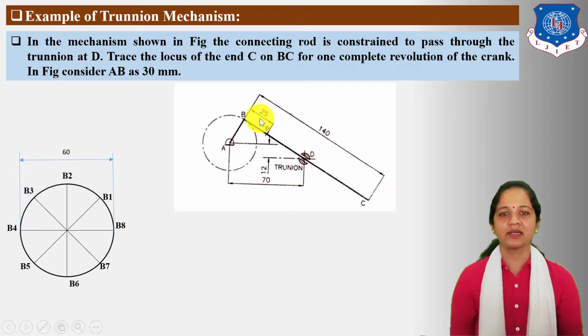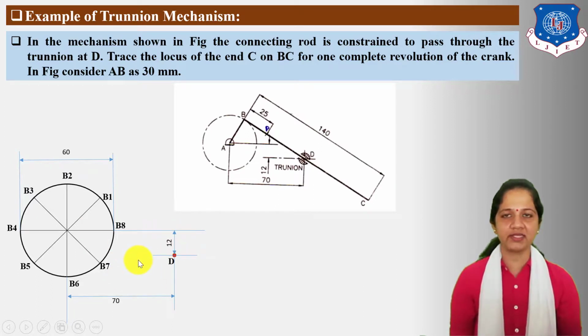Mark here crank end point B1, B2, B3, B4, B5, B6, B7 and B8. Next, locate Trunnion point D. Now, horizontal distance for this Trunnion point D is given 70 mm and offset distance from horizontal path passing through center point of this circle is given 12 mm.